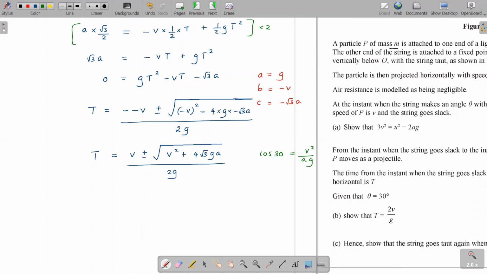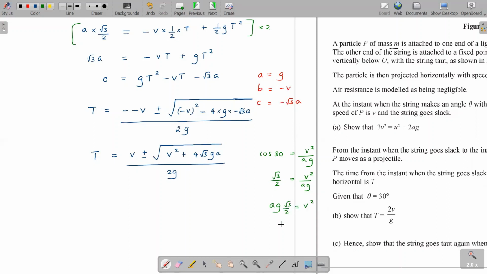Do you agree with me? So cos 30 is root 3 over 2, equal to v square over ag. Do you agree?